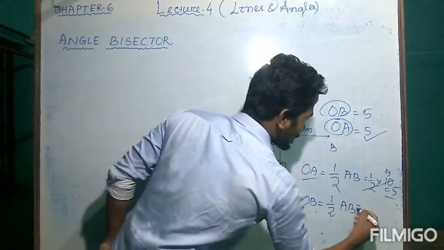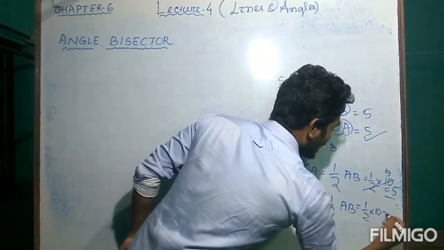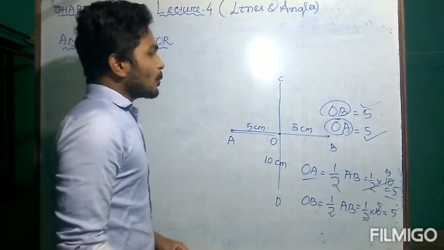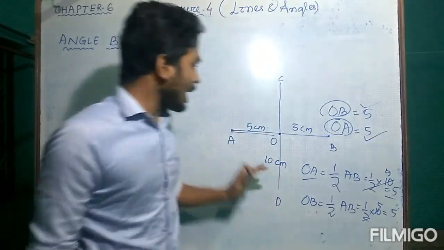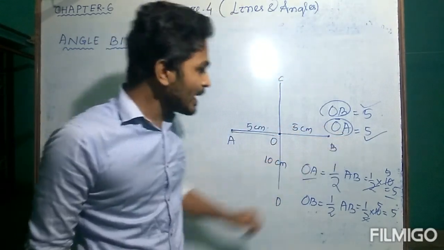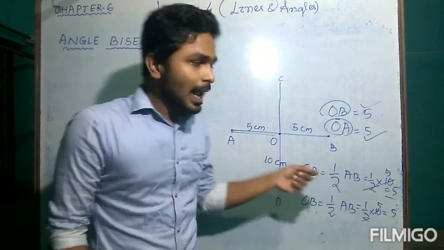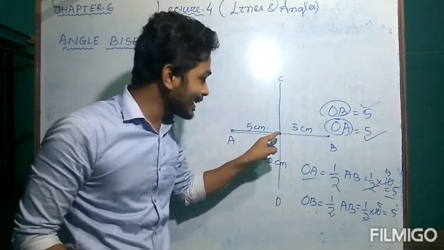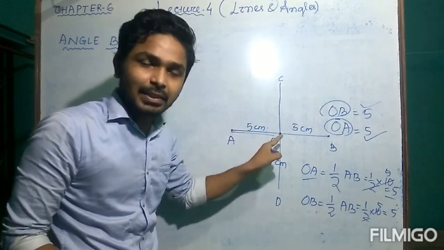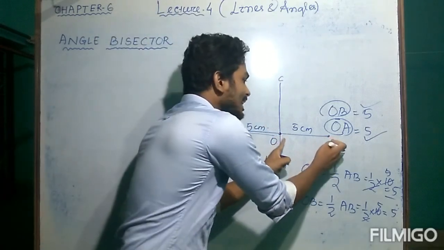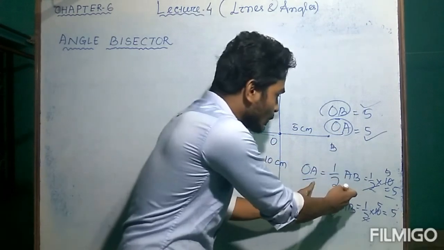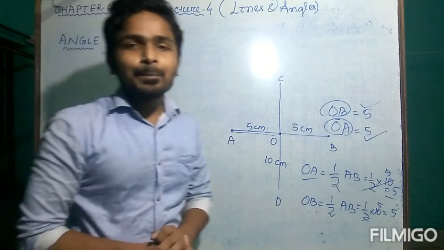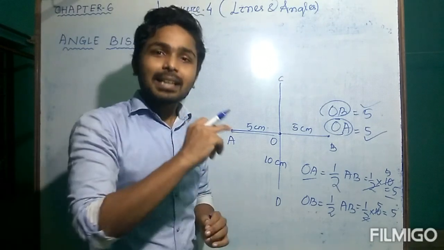Similarly here also, half into 10, that is 5 centimeter, OB is 5. So basically a line bisector is a line which divides a line segment into two equal halves, and it passes exactly at the midpoint. Do not forget it. It passes exactly at the midpoint, so that each half is equal to half of the total length. Understood?